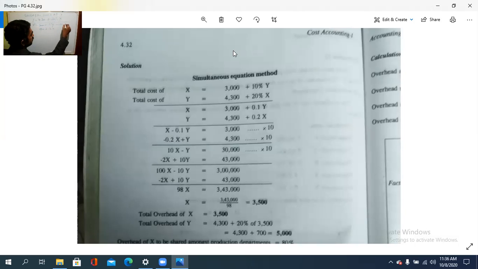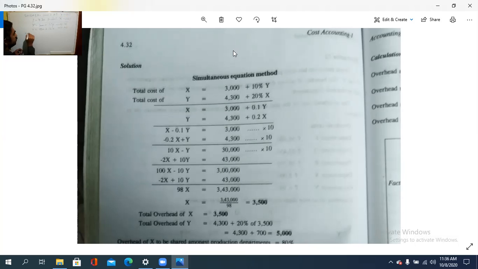So this is the first equation, and this is the second equation. Then multiply it with 10.